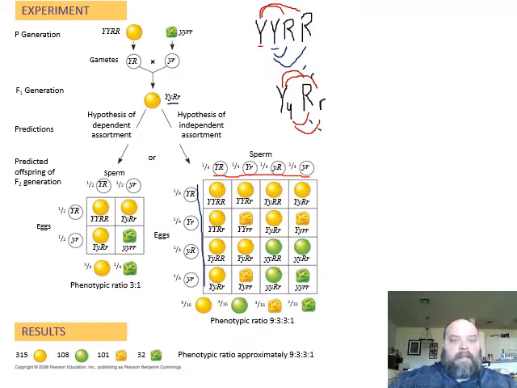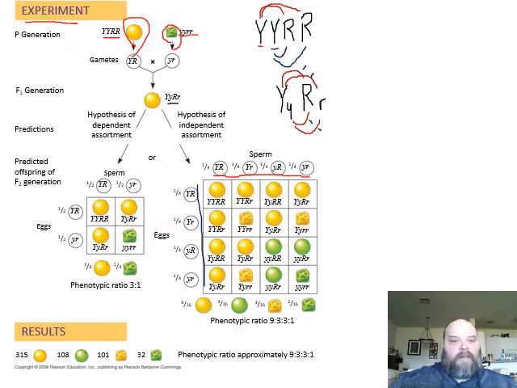Now let's get back to this experiment Mendel was doing. Mendel wanted to know if the traits are linked together. Will you always have to have yellow round? Will you always have to have green wrinkled? Can they be separate?